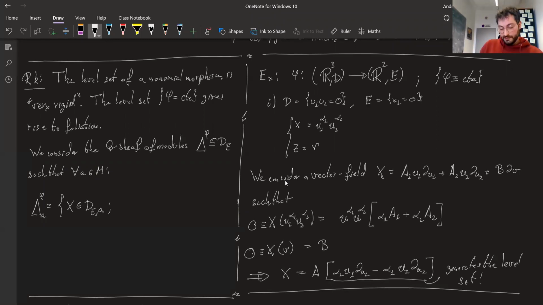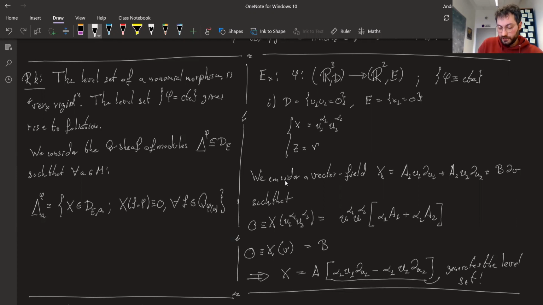So what we want is that it is going to be tangent to every one of the entries of the morphism. So one way to say this is that x of f composed with phi is constant equals 0 for all f in the local ring of the image. Right?